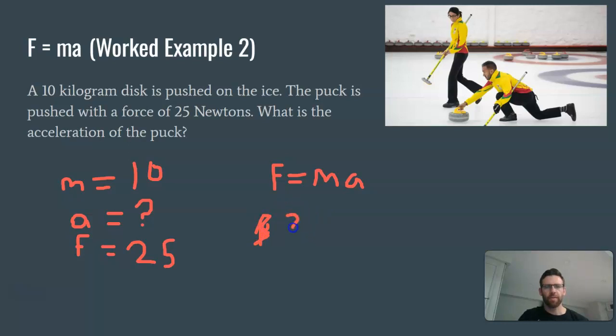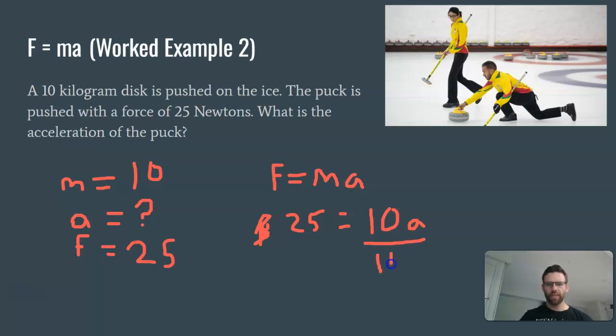What we want is 25 as a force is equal to 10 times A. All right, so here, if I have 10 times A, and I'm trying to figure out what A is, to get rid of this 10 and to get A by itself, I want to divide both sides by 10.